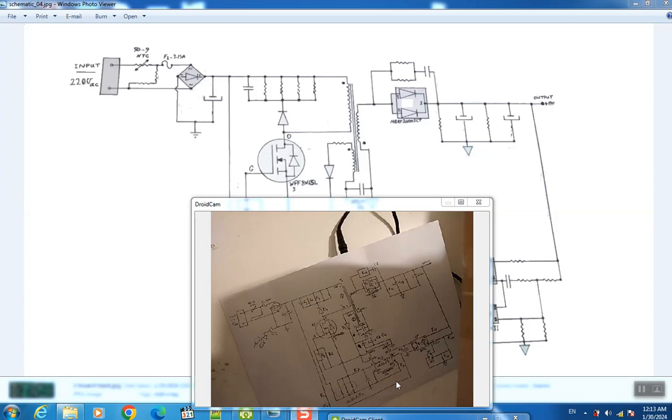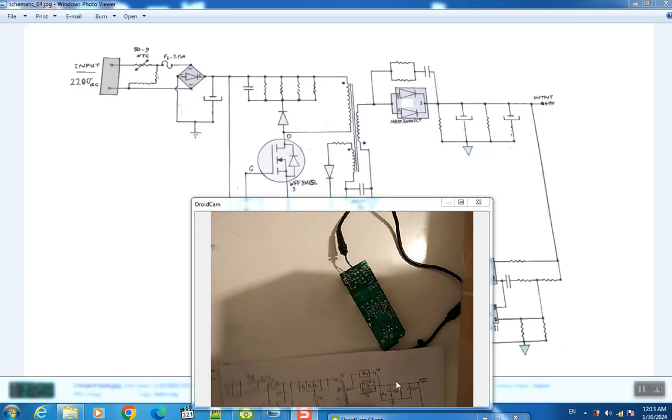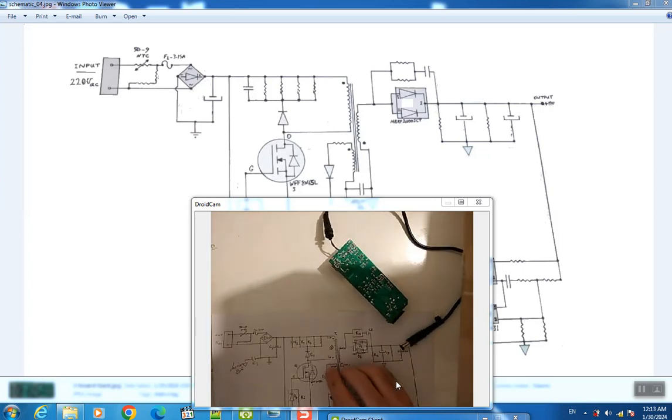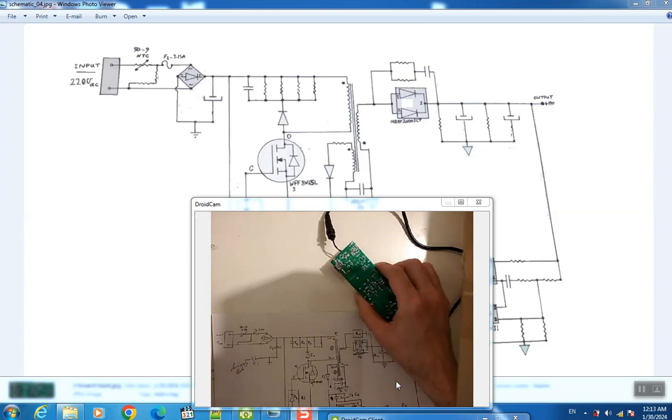In order to identify the elements and their pins, it is great to start from the units. For example, I started from the power MOSFET, whose G, S, and D pins are identified easily.